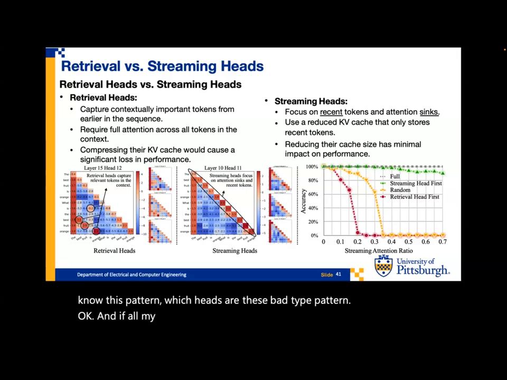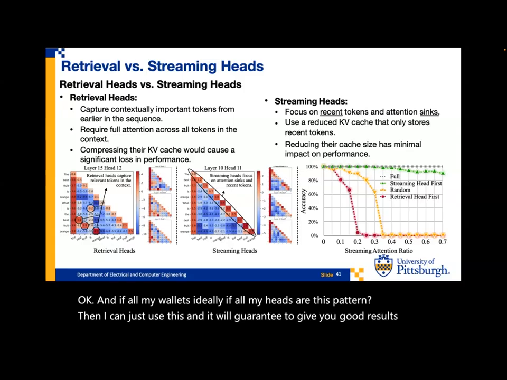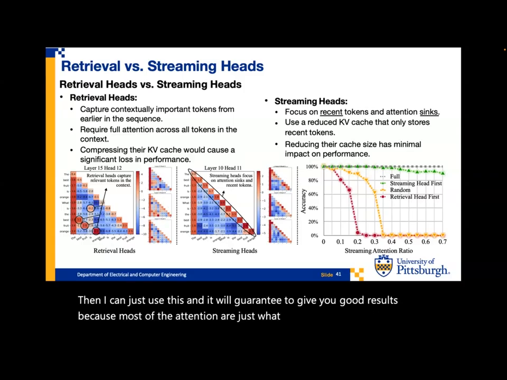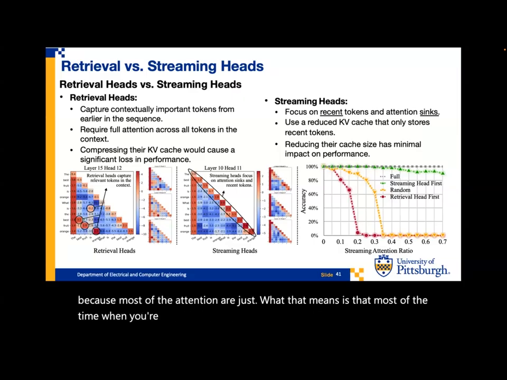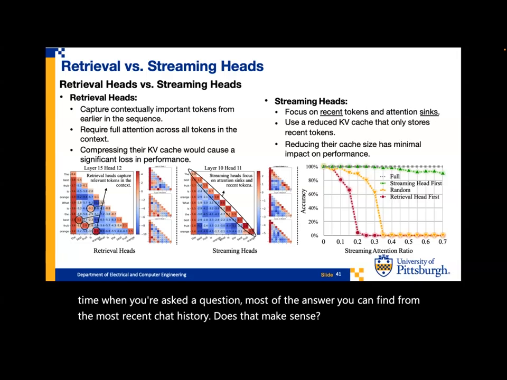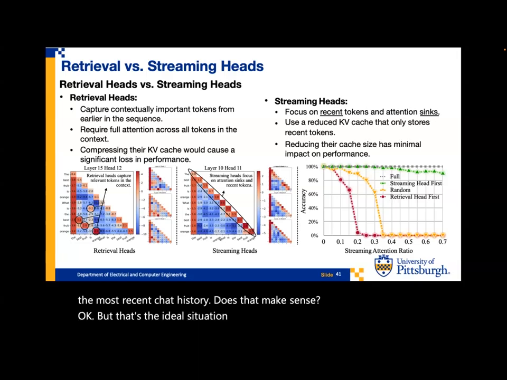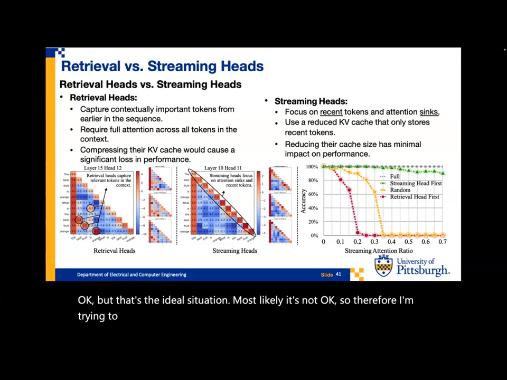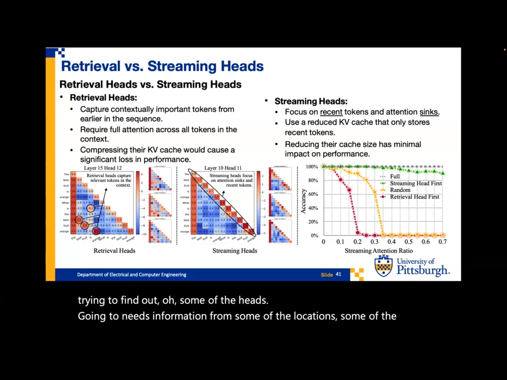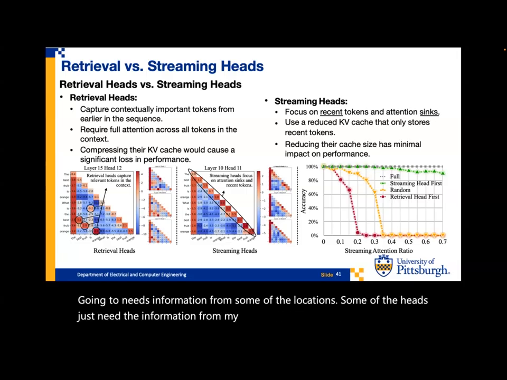Ideally, if all my heads have this pattern, then I can just use it and it is guaranteed to give good results, because what that means is that most of the time when you ask a question, you can find most of the answer from the most recent chat history. Does that make sense? Okay, but that's the ideal situation. Most likely it's not. Some of the heads need information from certain locations, and some of the heads just need information from my recent conversation. Okay, so that's the idea.